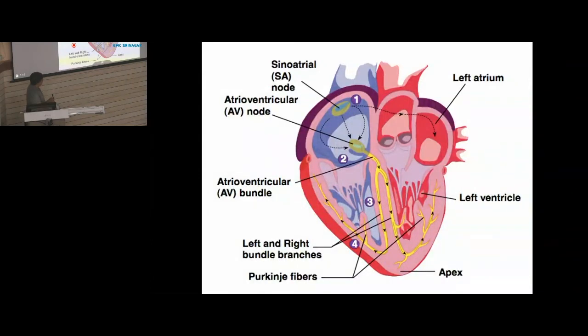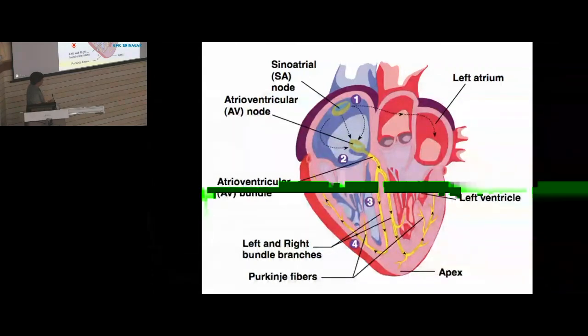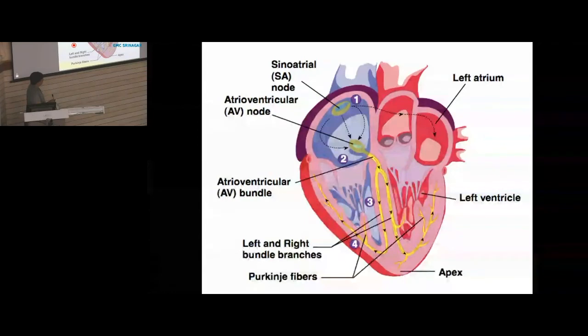At the tip of this interventricular septum, the bundle of His is divided into right bundle branch and left bundle branch, and when they reach the apex, they are further divided into a network of Purkinje fibers. So this is our conduction system.